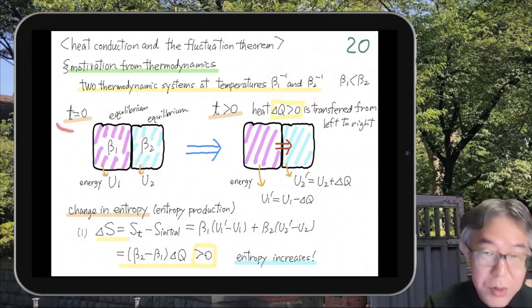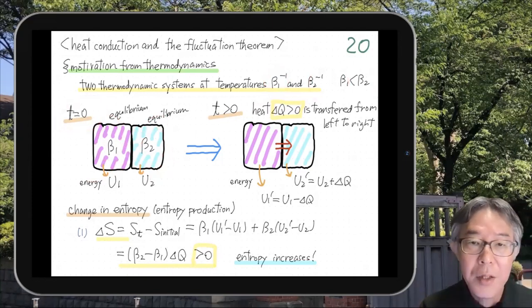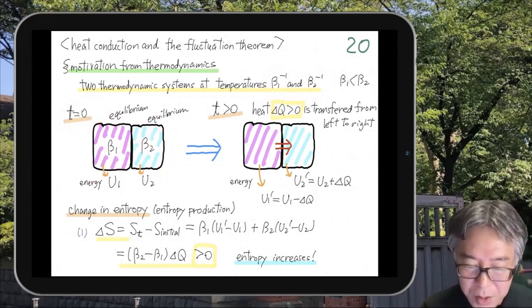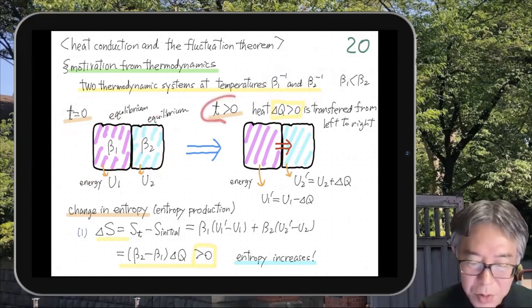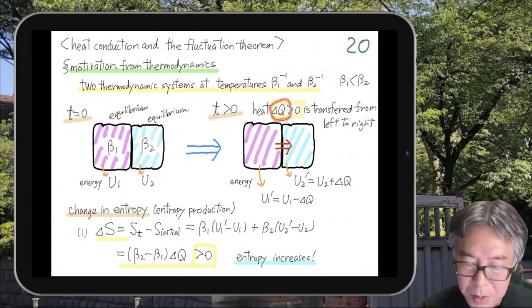Okay, at time t equals 0, we put them together. Then, of course, there will be some heat going from hot to cold. So suppose that after some short time t, a very small amount of heat delta Q was transferred from hot to cold.